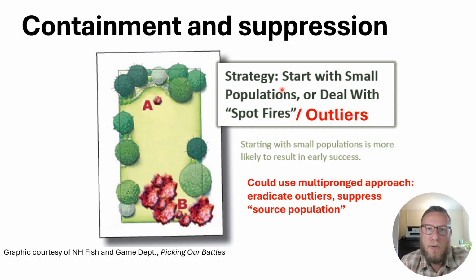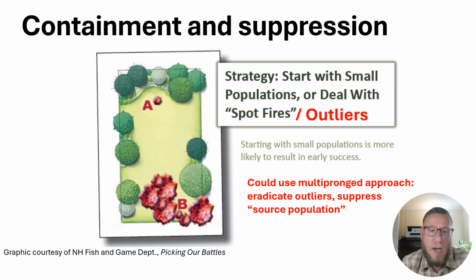So for example, they have your strategy: start with small populations or deal with spot fires or outliers first. So really, when you're thinking about what you would do here, you'd want to target A first. Again, those spot fires, those outliers or isolated populations. So I would target A, try to eliminate that, and then suppress B.